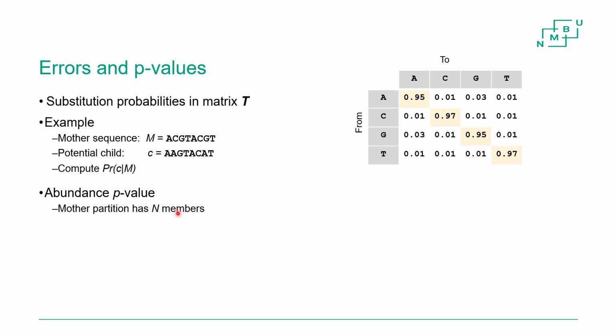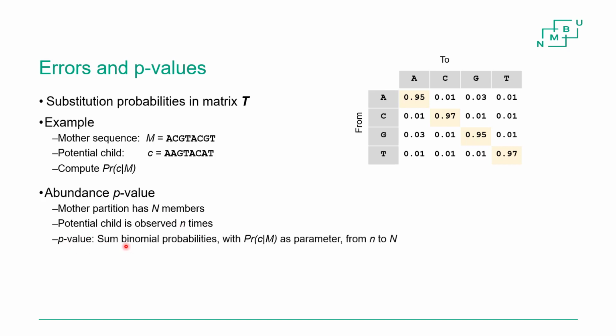And then this potential child is observed small n times. This is a much smaller value, right? So the p-value is the sum of binomial probabilities using the probability that we computed up here as parameter. You sum the binomial probabilities from small n up to the capital N.